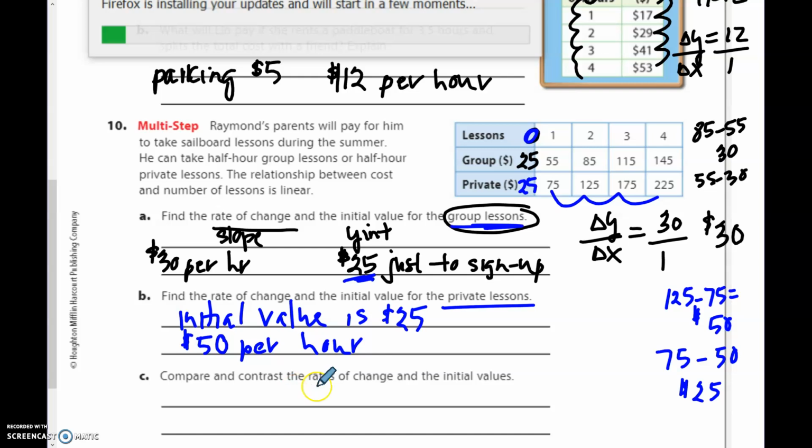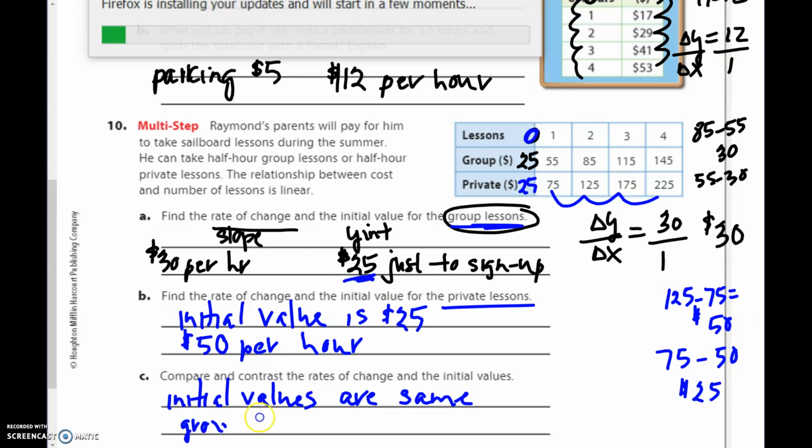So compare and contrast the rates of change and initial values. So what happened with the initial values? Initial values are the same. So your initial values, whether you did group lessons or private lessons, are the same. But what happened is your group lesson is cheaper, isn't it?